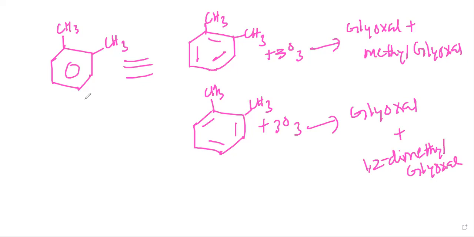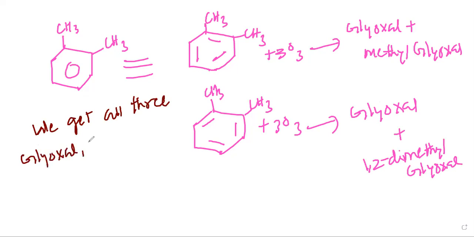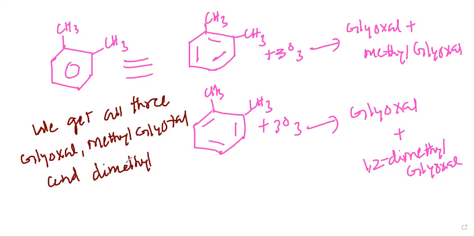But when we do the ozonolysis of benzene, my dear students, we get all these 3 products. They are glyoxal, methyl glyoxal, and dimethyl glyoxal, simultaneously.